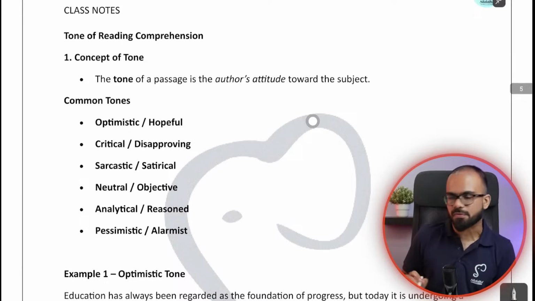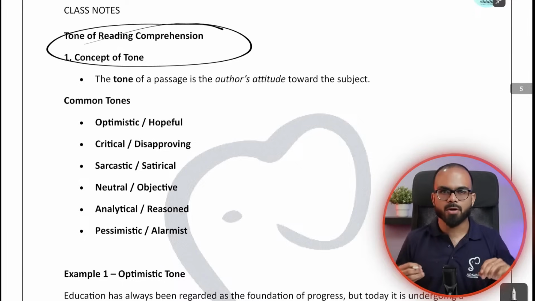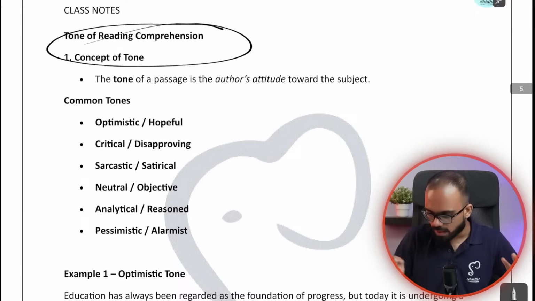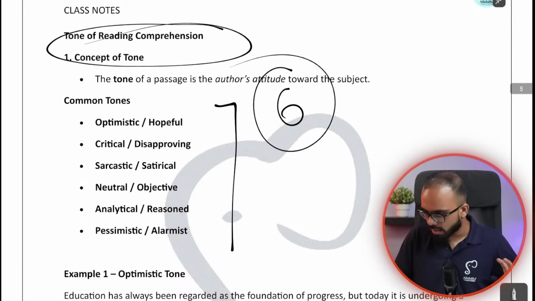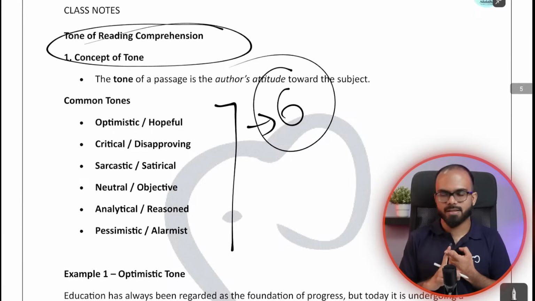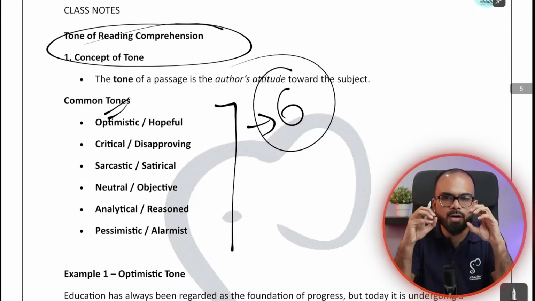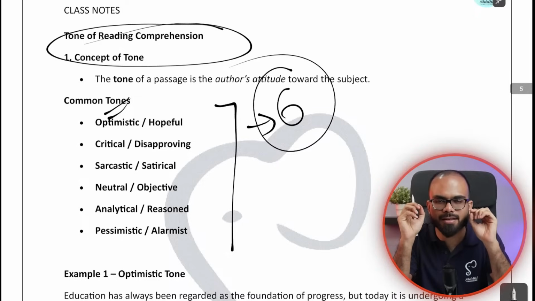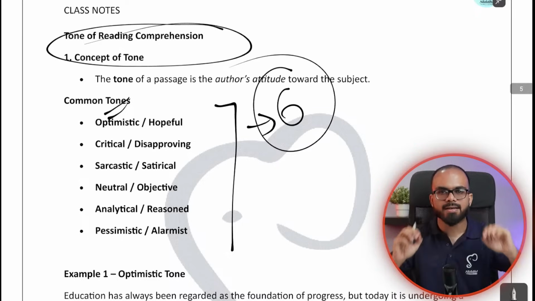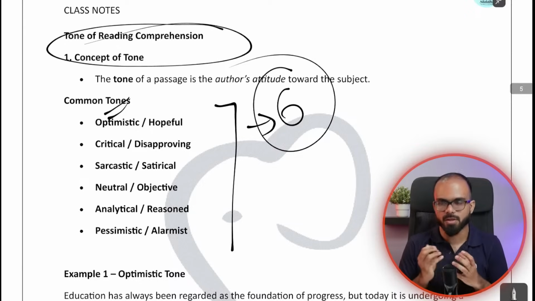Now, the next type of questions are about the tone of RC. As someone said, there is one problem with respect to tone of RC. Usually, there are 6 major tones in any RC. First is optimistic tone, where the author tells that there is a particular problem, we are going through a particular situation, but there is a ray of hope in the entire darkness, and the author will give you certain reasons for the hope and the positivity.